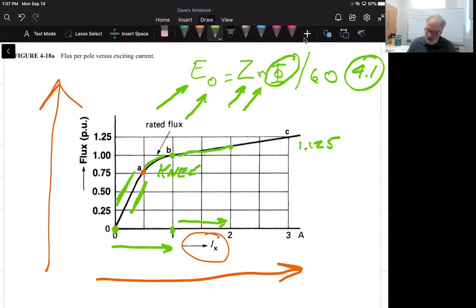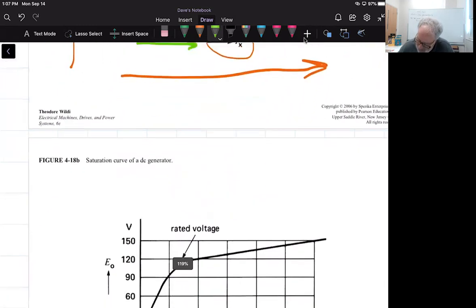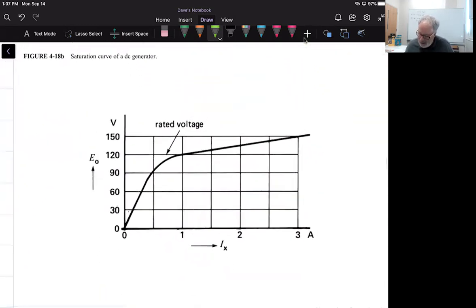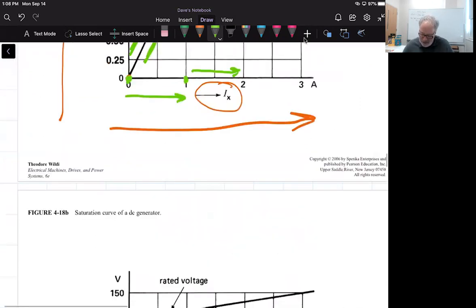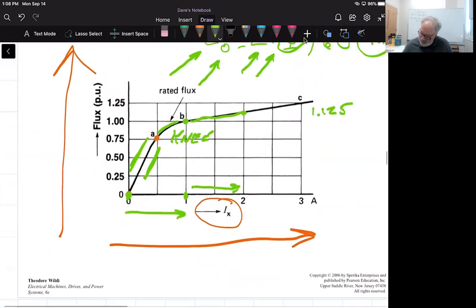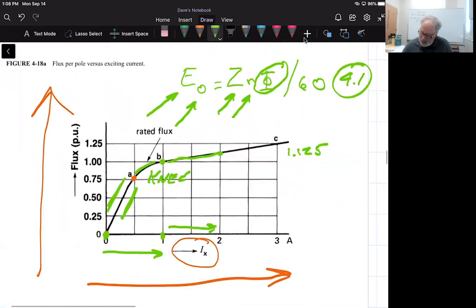Now, if I were to take this idea and graph it, instead of excitation current versus flux, I want to graph it in terms of excitation current and output voltage. That is where equation 4.18b comes into play. And what's really neat about this is that it looks exactly like this general curve of flux per pole versus exciting current.